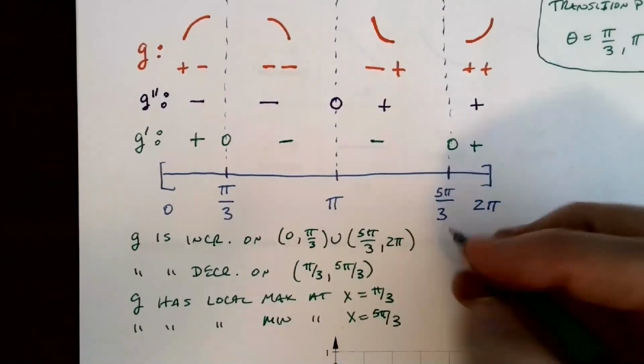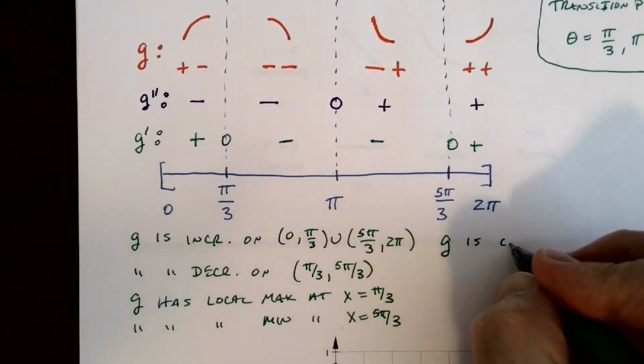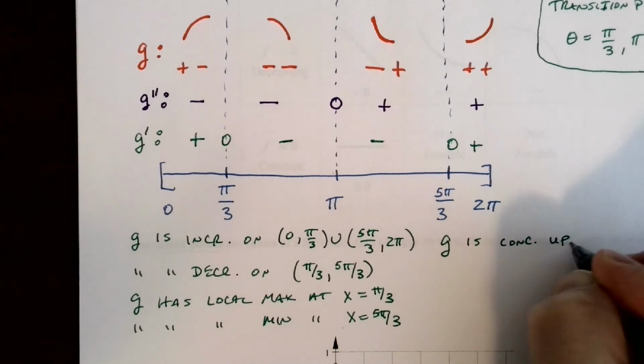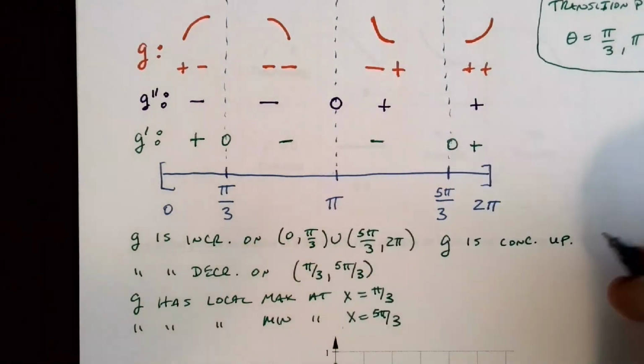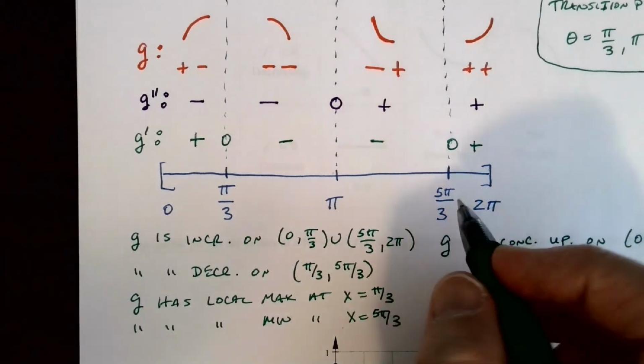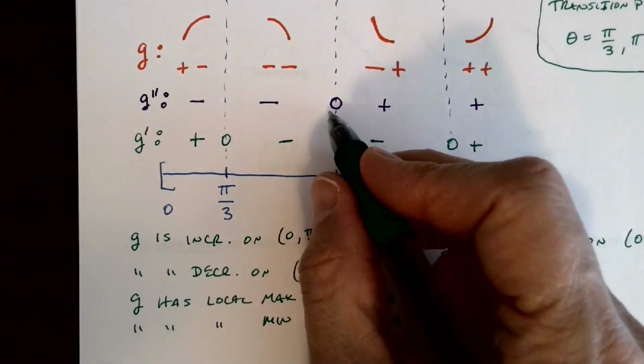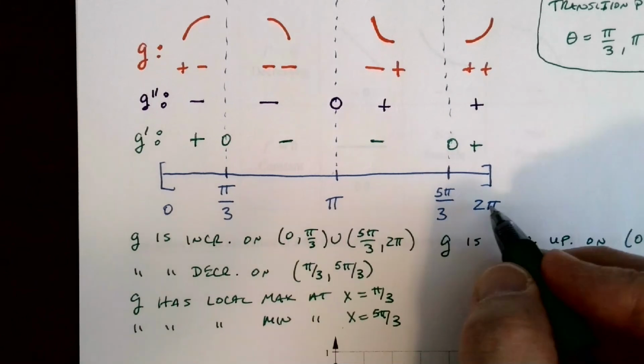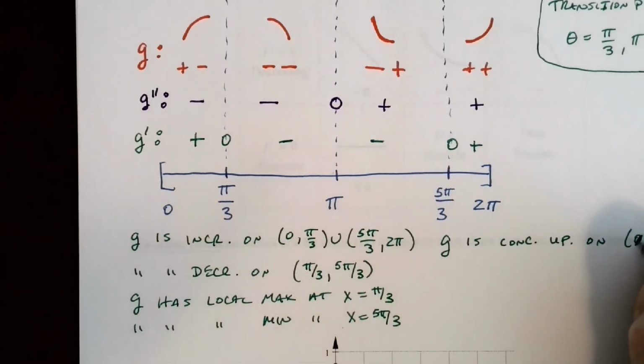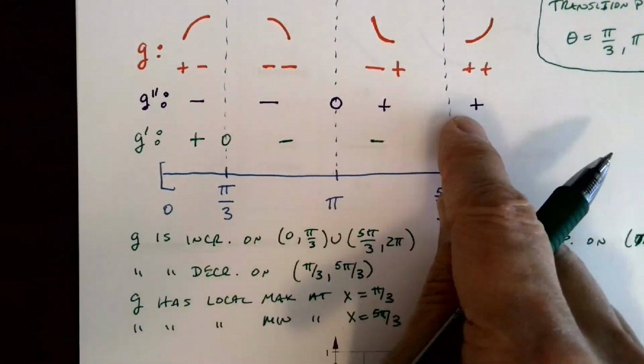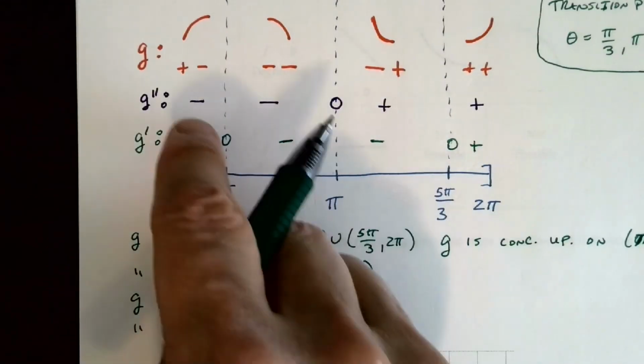What about concavity? G is concave up on the interval where the second derivative is positive, so that's greater than 0. Greater than pi up to 2 pi, sorry. From pi to 2 pi, the second derivative is positive. And then from 0 to pi, the second derivative is negative.